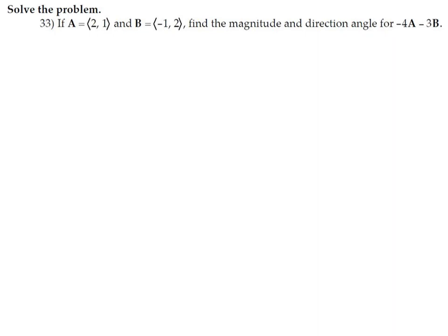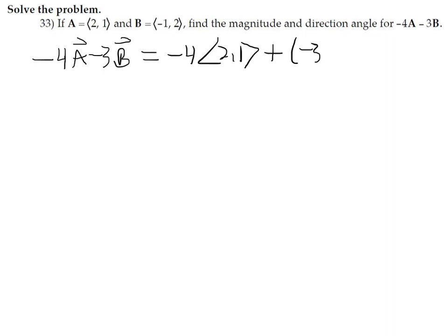So we'll start off by getting negative 4a minus 3b, and this will be negative 4 times the vector 2, 1, plus negative 3 times the vector negative 1, 2.